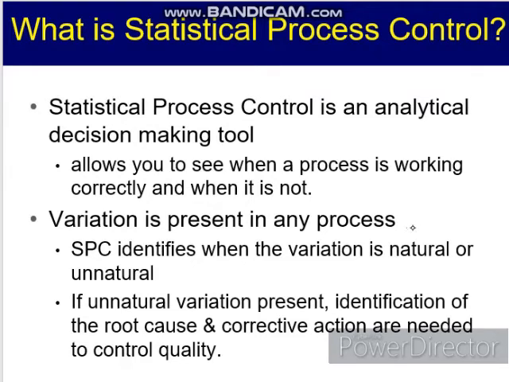You can use it to detect if there are any unnatural variations happening in that particular process. If there are, then you have to identify the root cause and take corrective actions to fix it. This will ensure the quality of the product coming out from that particular process.